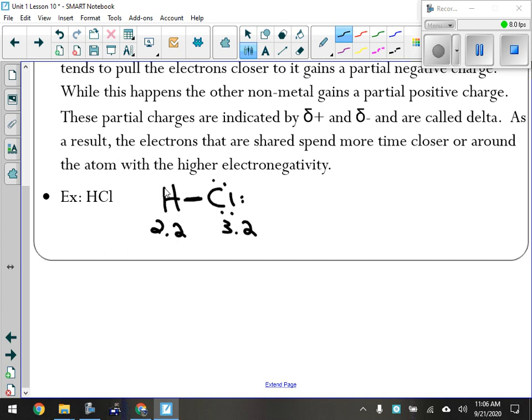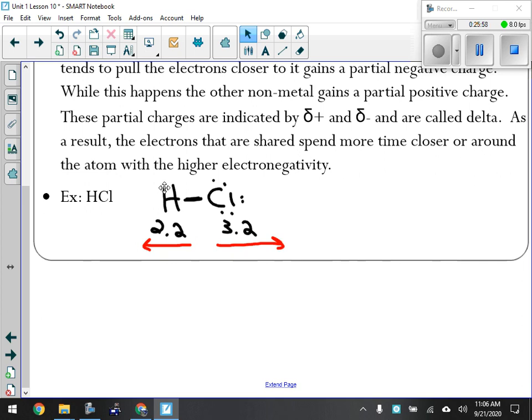So now what it comes down to is, this one obviously has a bigger pull than that, correct? The one with the higher electronegativity, the one that wants more electrons, will kind of gain them. But this is 3.2 and 2.2, so that difference isn't really a large amount of difference, right?